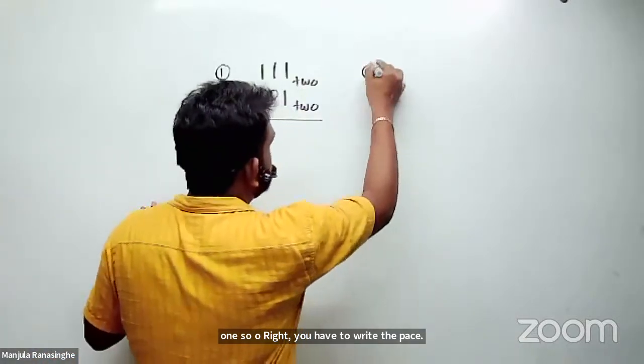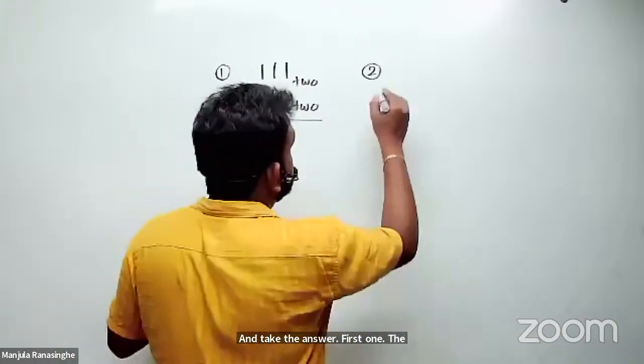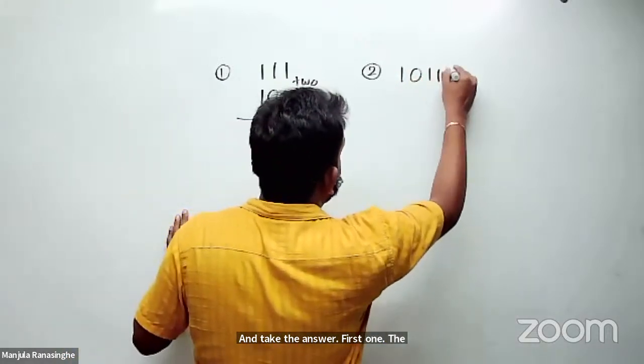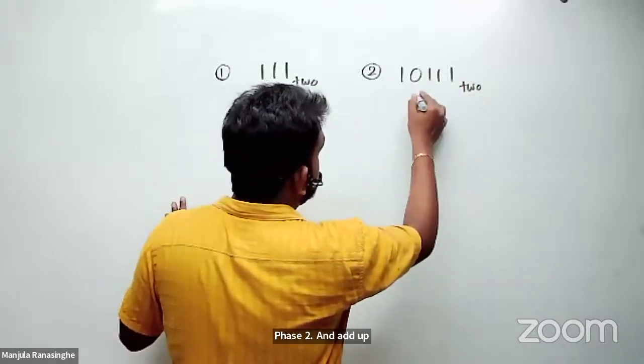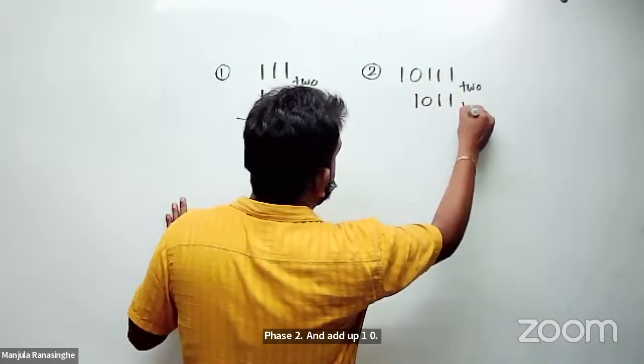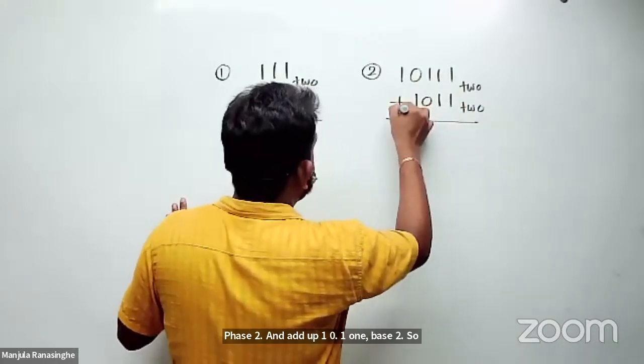First one, the second one, base 2, and add up 1011 base 2. So these are additions.